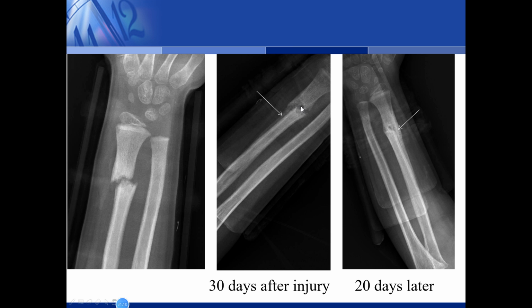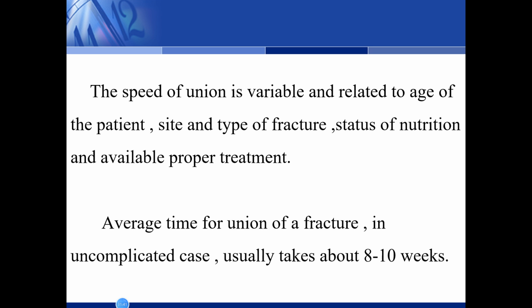But 20 days after, we could see the new bone form, deposited between the ends of the fracture fragments, and then it will become a firm bone union. So this is the healing of a fracture.